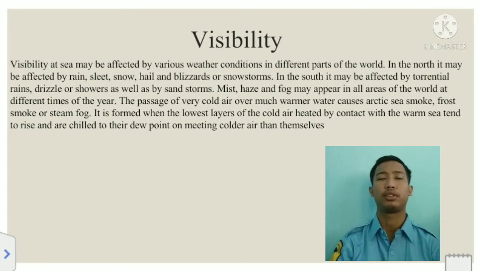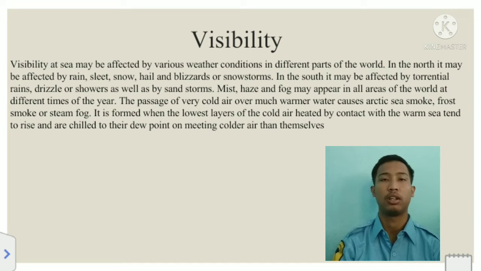Number 4 is visibility. Visibility at sea may be affected by various weather conditions in different parts of the world. In the north, it might be affected by rain, sleet, snow, hail, and blizzards or snowstorms.